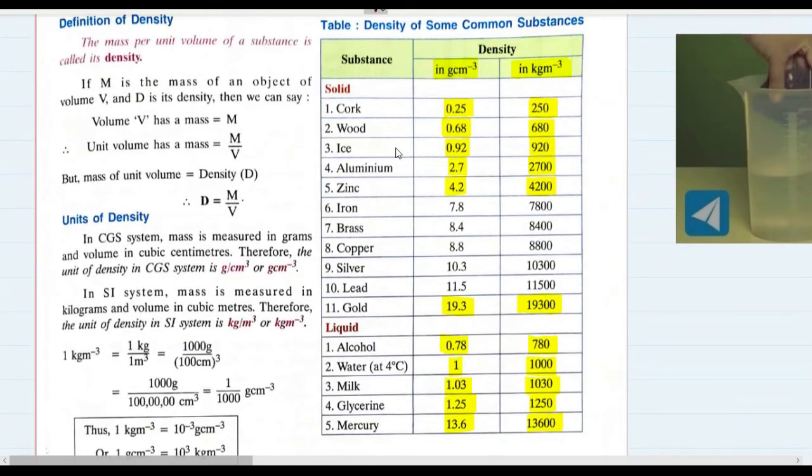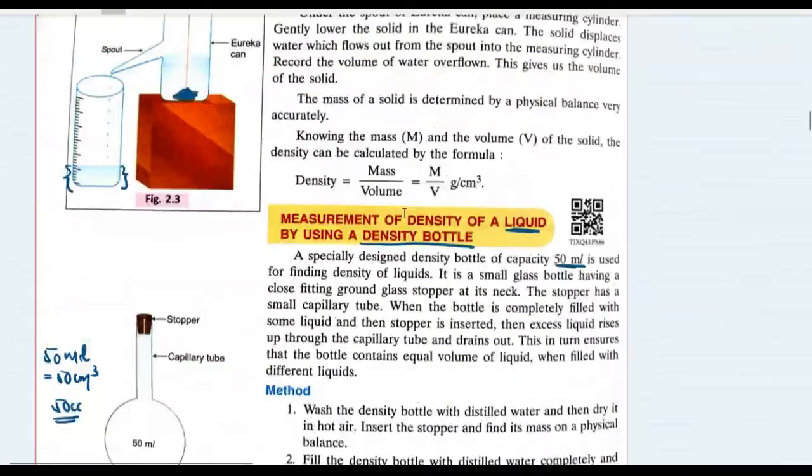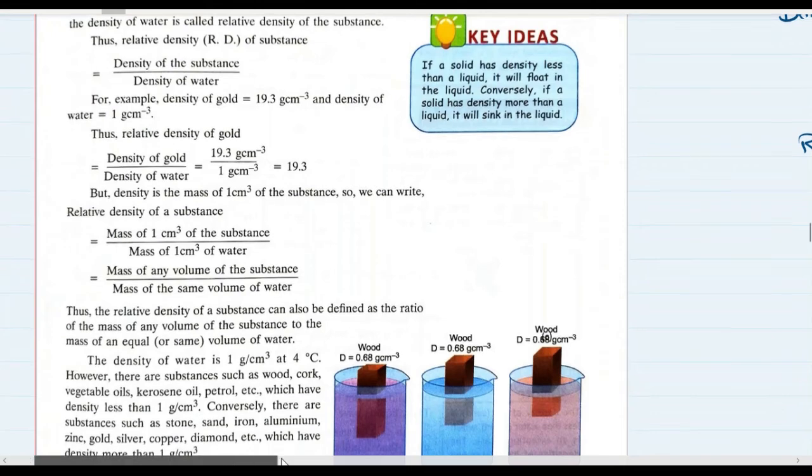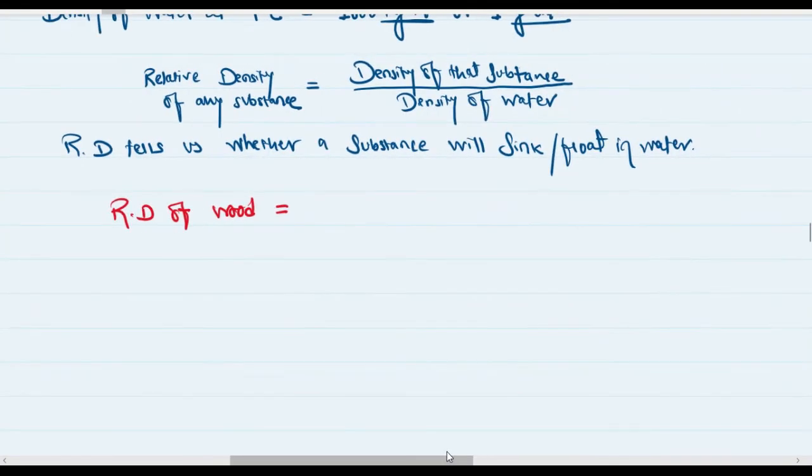Yes, so in this table, the density of wood is 0.68 gram per centimeter cube or 680 kg per meter cube. Any one you can take. I will show both of them. Okay, 0.68 gram per centimeter cube or 680 kg per meter cube. Let's first take in kg per meter cube.